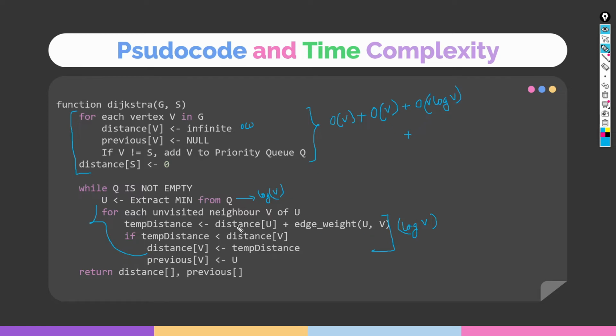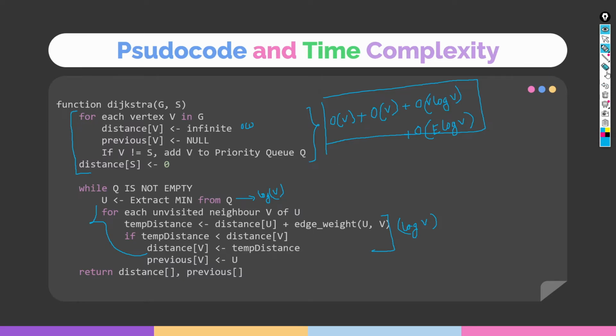And how many relaxations do we need? Even though we do not need to relax all of them, we are actually checking if we need to relax them or not. So we basically need to check all of the edges. So this will go for O of E log V times. Okay, so this is our basic total time complexity.